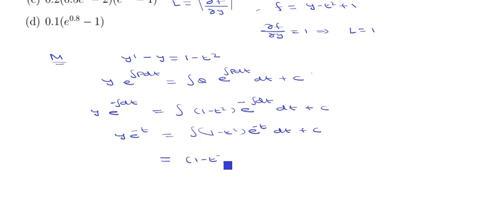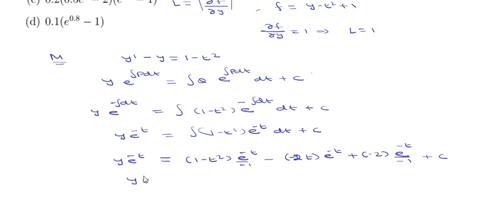This is equal to (1 minus t square) times the integration of e power minus t, which is e power minus t by minus 1, minus the differentiation of 1 minus t square, which is minus 2t, times the second integration, which is e power minus t, so it becomes plus, and then plus the differentiation of minus 2t, which is minus 2, times the third integration, e power minus t by minus 1, plus an arbitrary constant c. Now dividing this equation by e power minus t, we get y equal to minus (1 minus t square) plus 2t, with e power minus t becoming 1, and plus 2 plus c e power t.